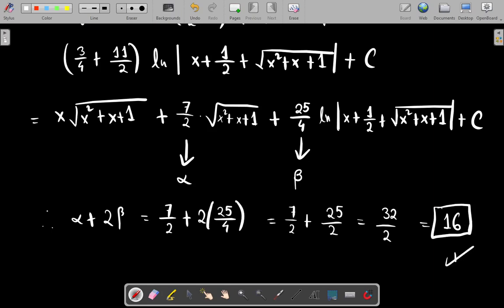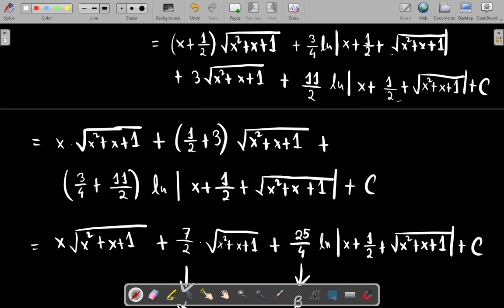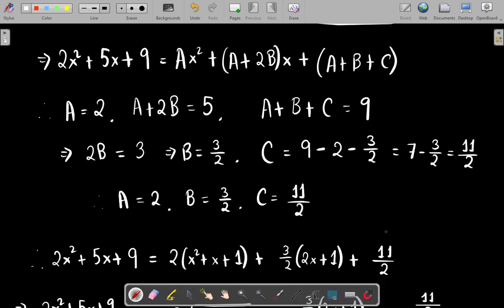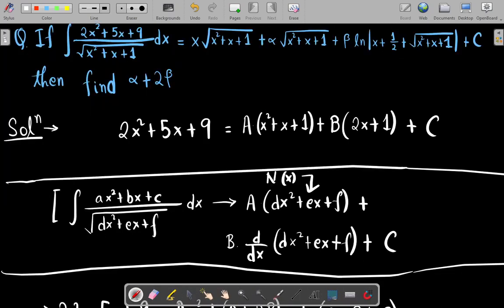This was a very lengthy question. I don't know if this question is worth solving in the exam. If you require that much time while solving it, I don't know if it is advisable. I also don't know whether such a level comes in the boards these days. But if you want to practice, it is a very lengthy question.